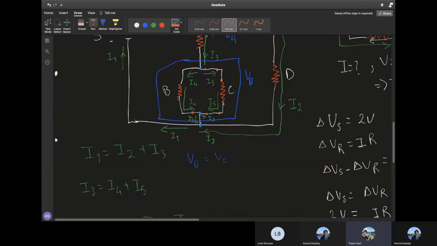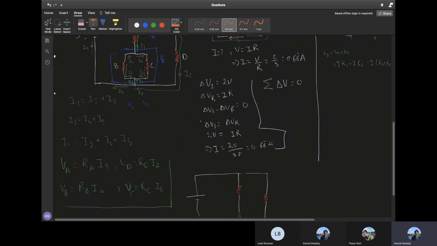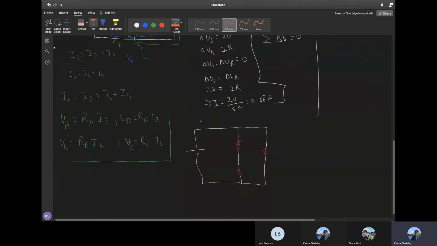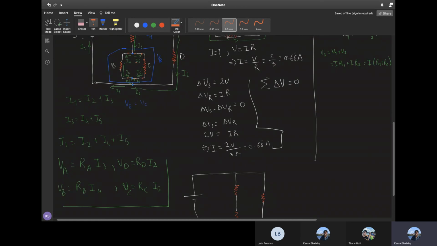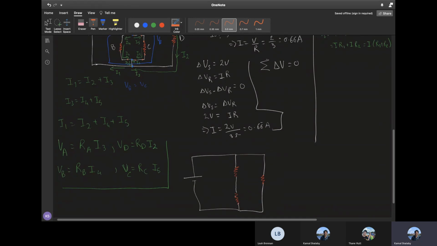I think I'm more confused about what the question wants. You know what I mean? So then, just the trick you can ignore. Since any two things in parallel have one potential difference, you can just put them as one resistor.